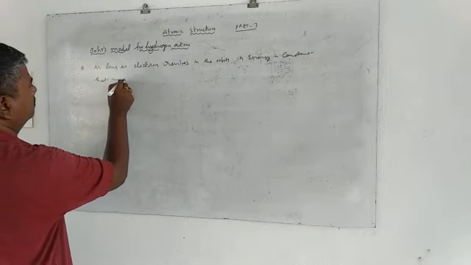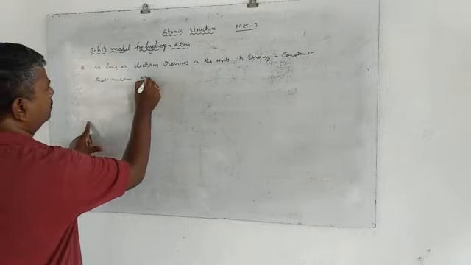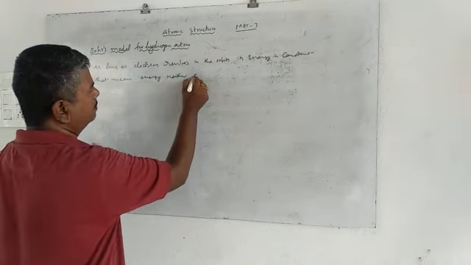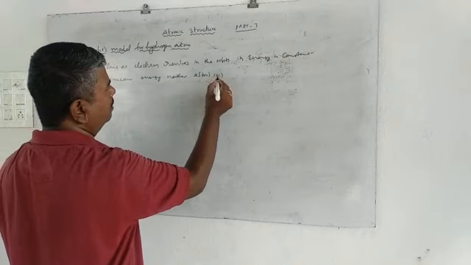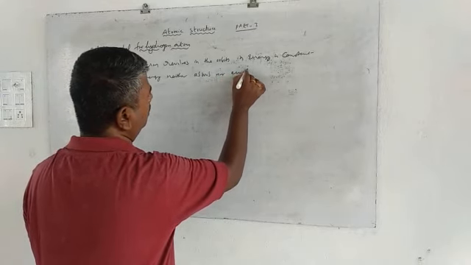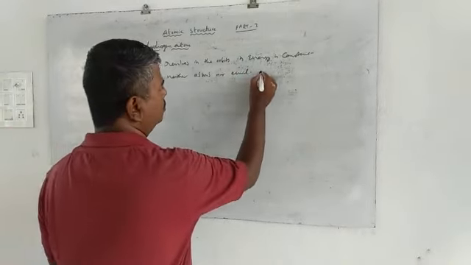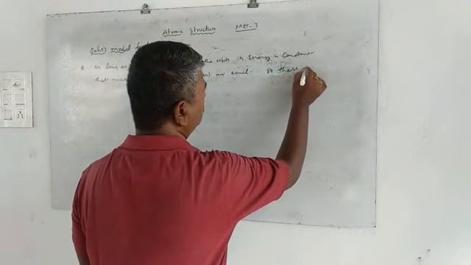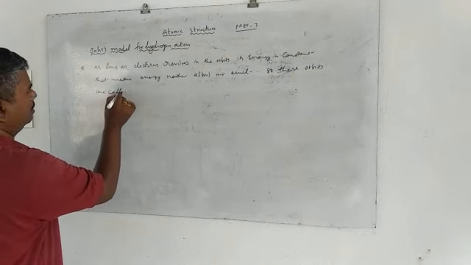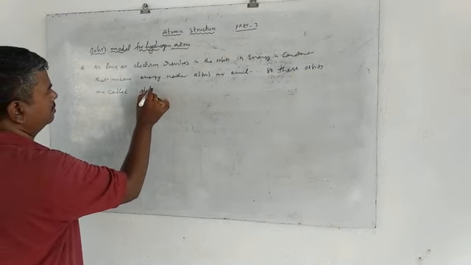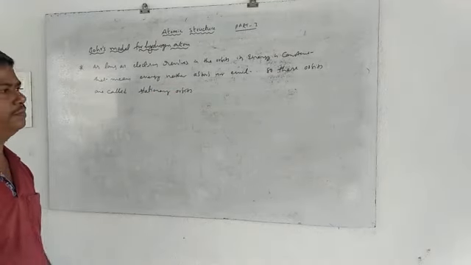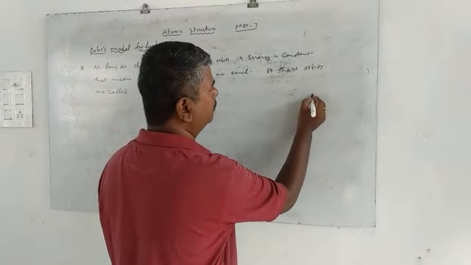That means energy is neither absorbed nor emitted. So these orbits are called stationary orbits.